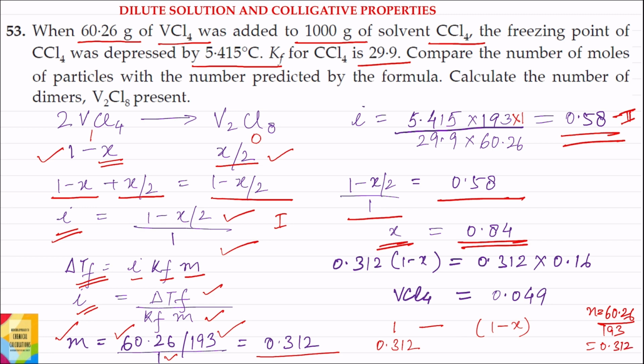So when initial number of moles of VCl4 is 0.312 moles, then the VCl4 remaining is 0.312 into 1 minus x moles. So 0.312 into 1 minus x, 1 minus x मतलब हो गया 1 minus 0.84, that is 0.16. So putting the values and solving, VCl4 remaining is 0.049 moles.